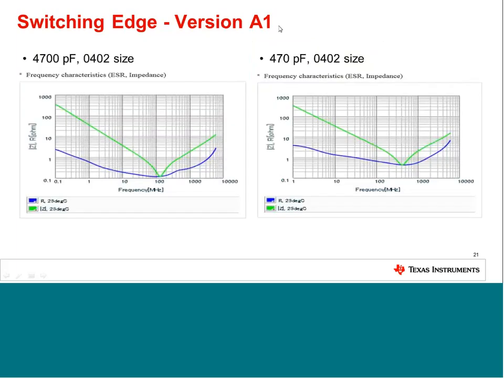If you look at impedance charts of different capacitors, here we show 2 different capacitors in 0402 size, a 4.7 nanofarad and a 470 picofarad, same size. You can see a self-resonant frequency for the bigger capacitance in the range of 100 megahertz, and here it is in the range of 400 megahertz.